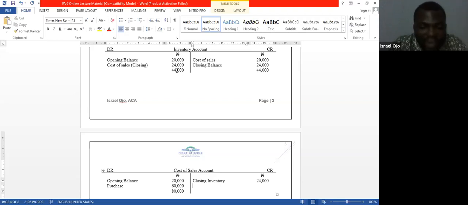So the difference is what we call the balance carried down, and if you press your calculator, 80,000 minus 24,000 will give us 56,000.